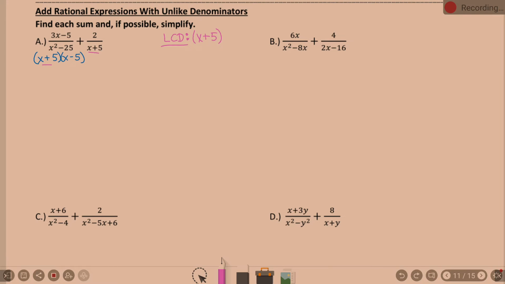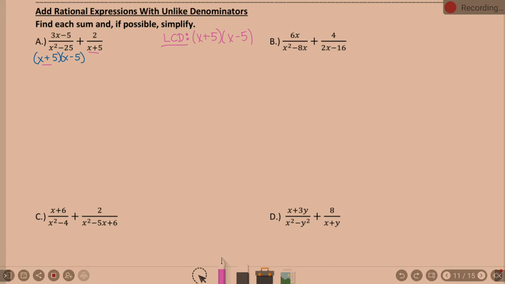Are there any other leftover pieces I haven't included? Well, there's a leftover piece of x minus 5. Basically, you want to pull any and all factors and put them together in your least common denominator. And that's what we're going to work with here. Kind of like how we added 1/2 plus 2/3 at the beginning of class?